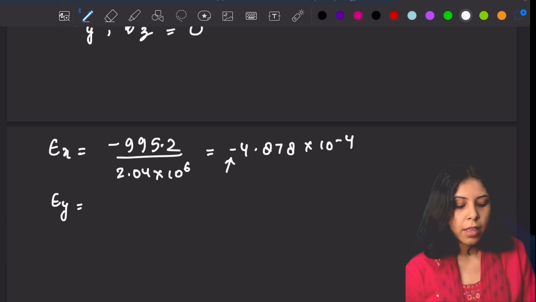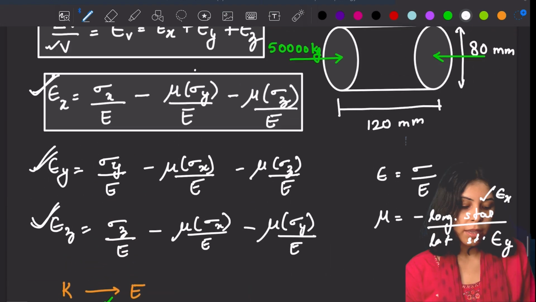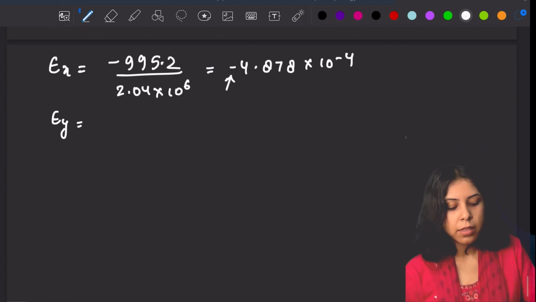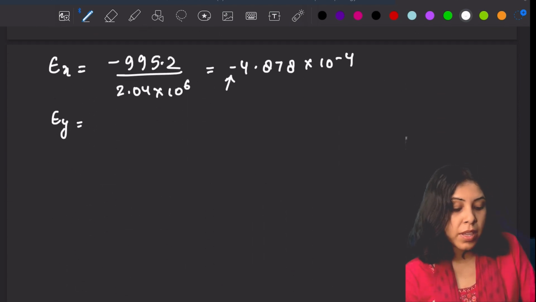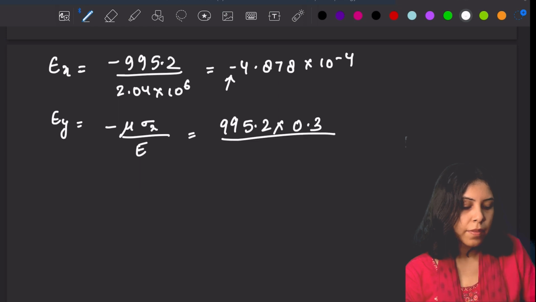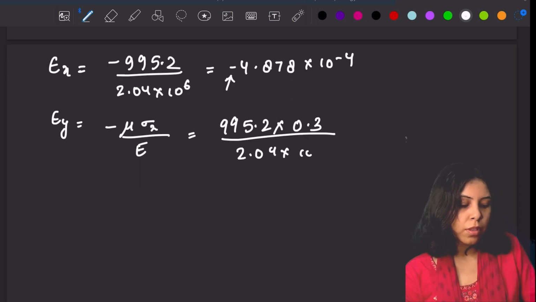Epsilon y, in the formula, other things are 0. Sigma y 0, sigma z 0. We get minus mu sigma x upon E, and that is 995.2 into mu, 0.3, divided by 2.04 into 10 to the power 6.